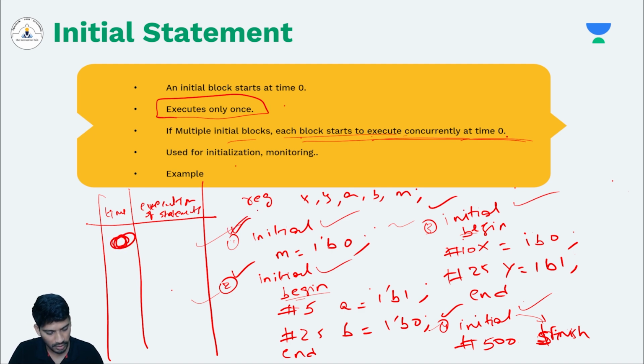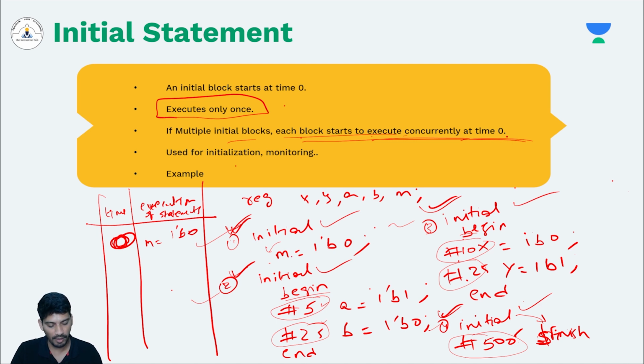As I already mentioned, all the initial blocks will start at time equals 0, so all these blocks will start executing. Since these 3 initial blocks have delays, of 100, 25, 500, 5 and 25, they will execute only after the delay. But in this initial block we don't have any delay, so M will be executed at time equals 0.